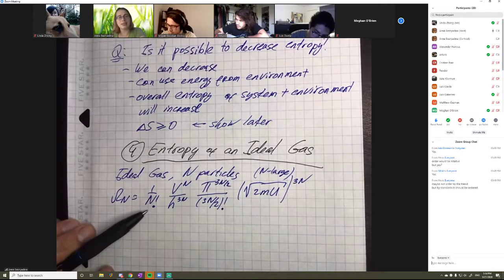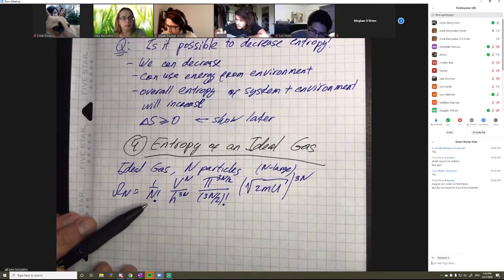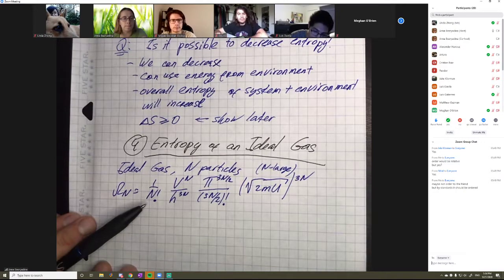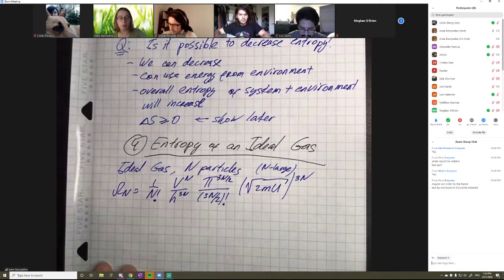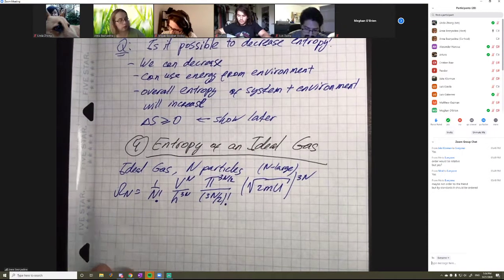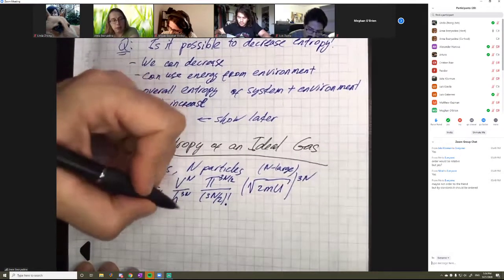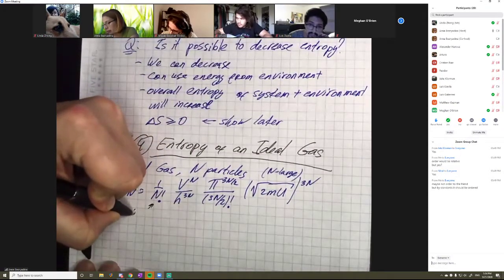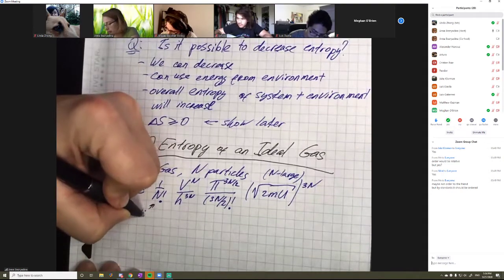Where does the 1 over n factorial come from? What does it represent? It comes from the fact that particles are indistinguishable, okay? We'll talk about this later. So make sure you understand this comes from indistinguishable particles.